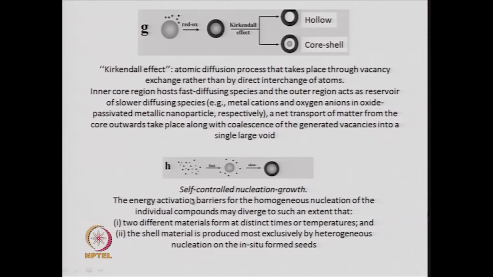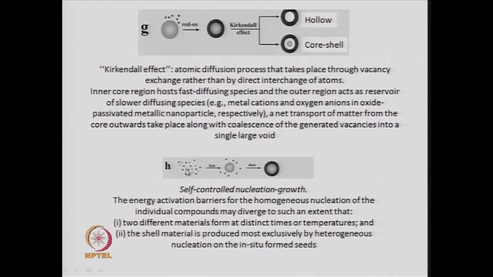Now, you can also have a self controlled nucleation growth. The energy activation barriers for the homogeneous nucleation of individual compounds may diverge such that two different materials form at distinct times or temperatures. Initially you may have one particle that forms the core, which is the fast reaction, from a system of two types of species.